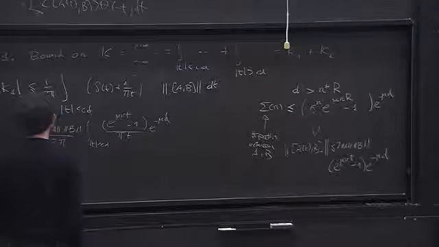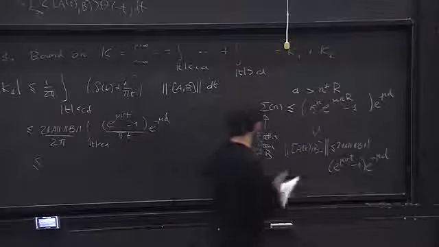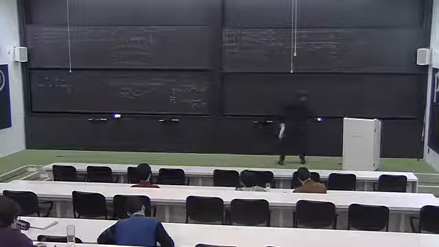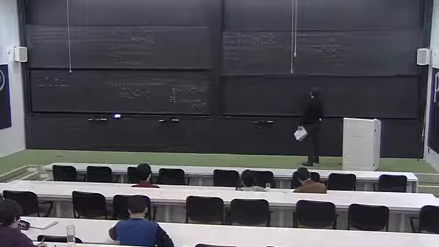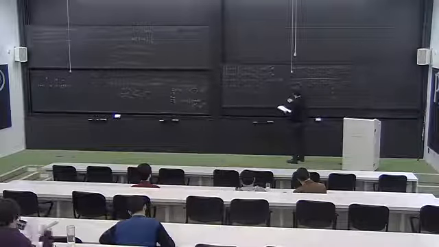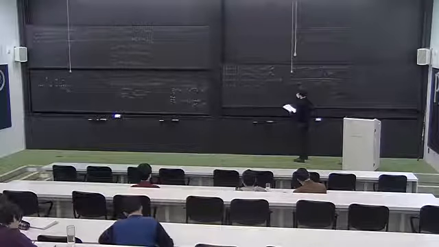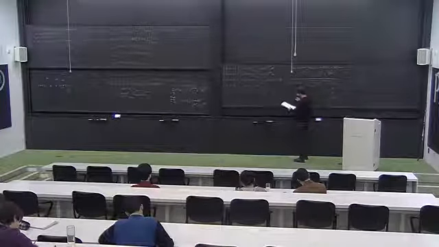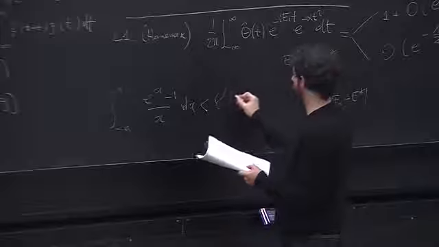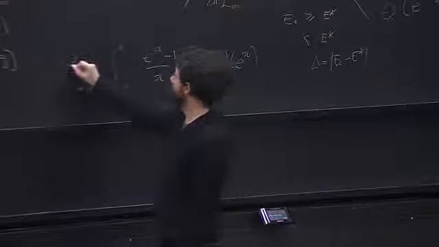And by doing this integral, this is smaller. And by using another property, another lemma that I said I would write when we use it, it's this thing. By using the fact that the integral between minus a and a of e to the x minus 1 over x in dx is smaller than something of the order e to the x. So this is L2, that is easier to prove.